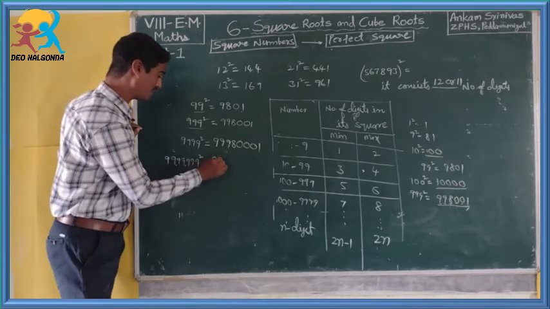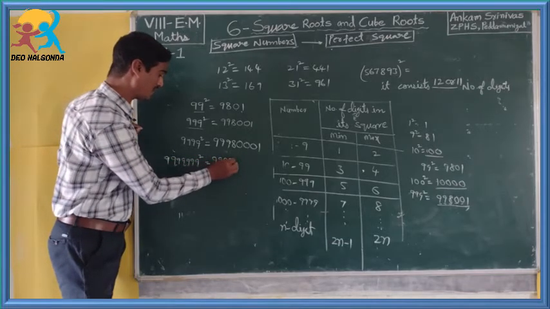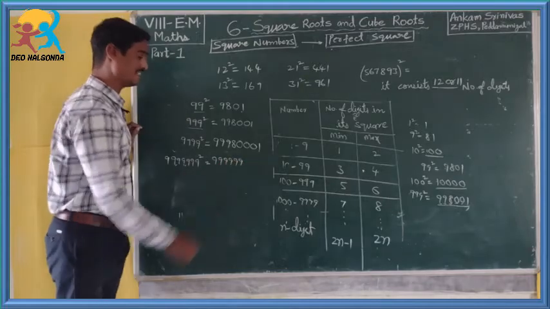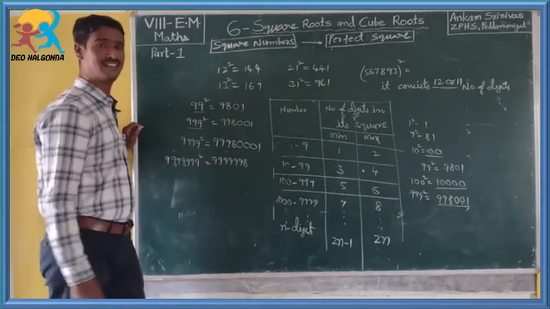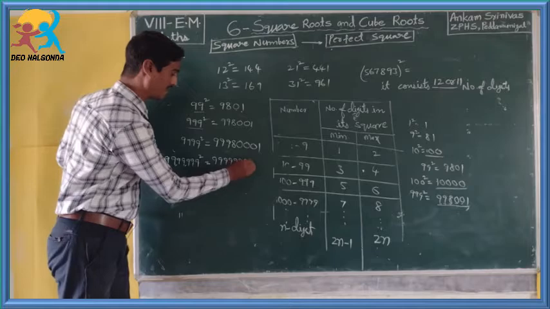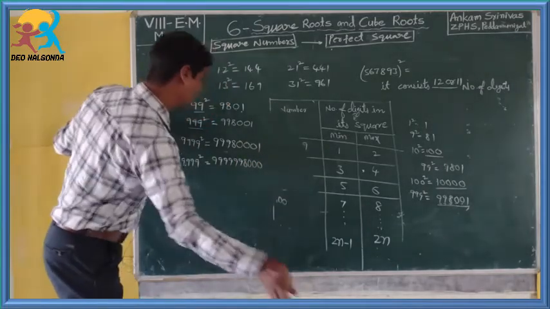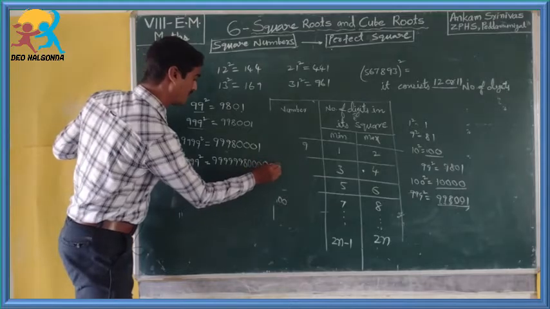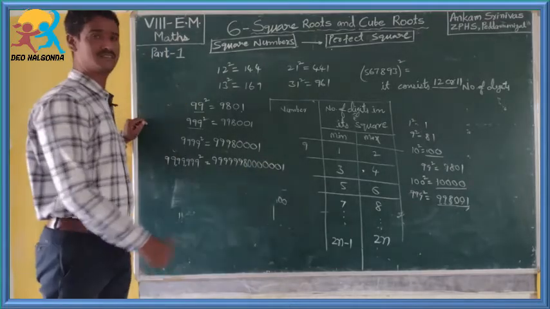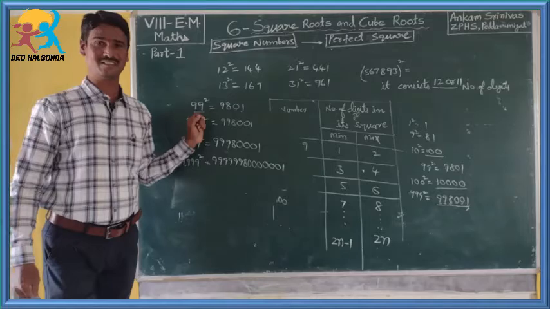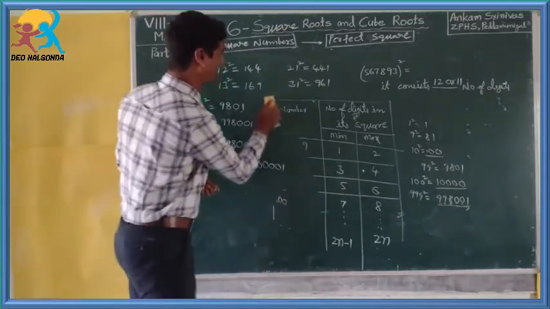So 1 2 3 4 5 6, then 8. 6 zeros, 1 2 3 4 5 6, next 1. Very easy, no? Yes, they are very easy.